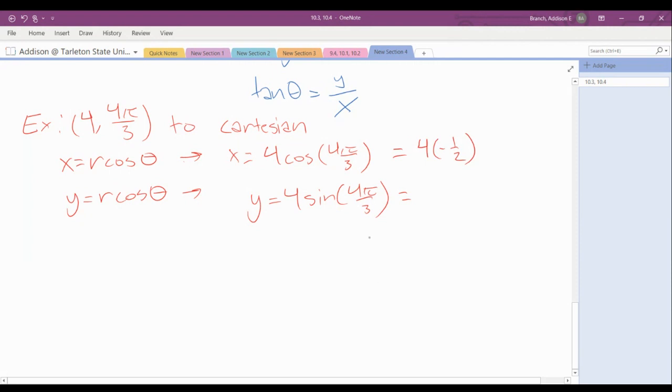And then sine of pi over 3 is square root of 3 over 2, but since we're in the third quadrant, it's negative. So therefore, in Cartesian, the point is (negative 2, negative 2 square root of 3).